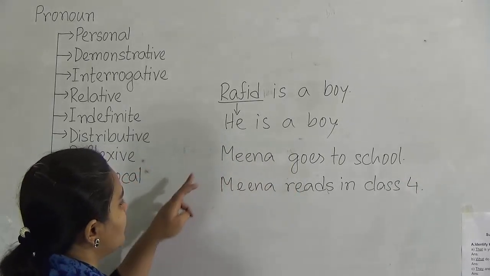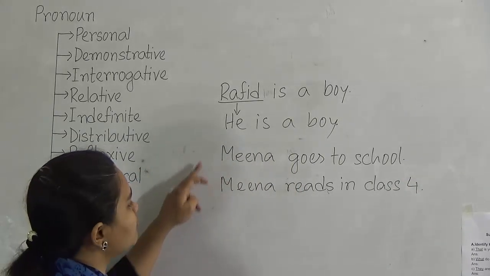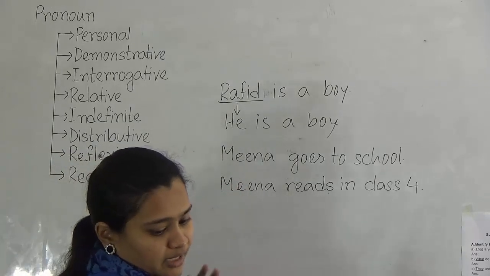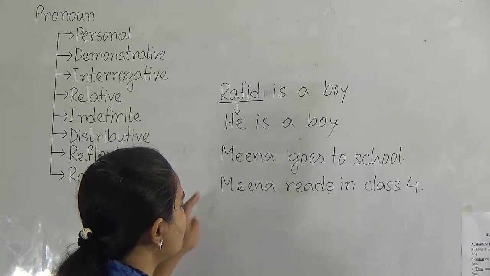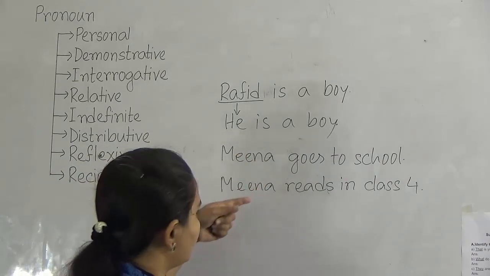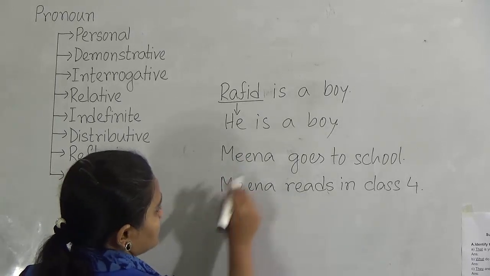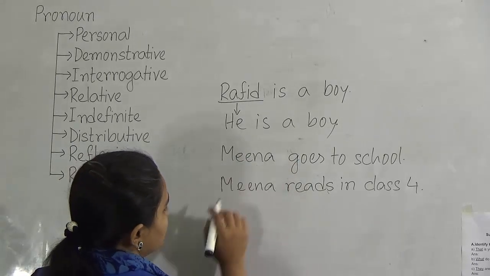So now look, there is a repetition of the proper noun Mina. Mina goes to school, Mina reads in class 4, Mina likes to read storybooks, like this. But if you want to avoid the repetition, you will use here what? You will use here pronoun.